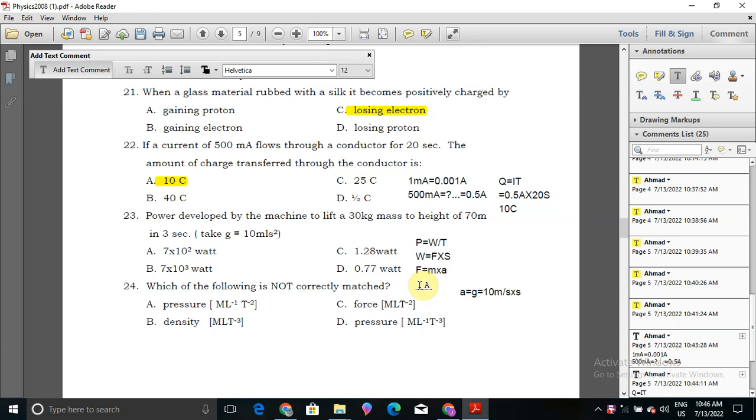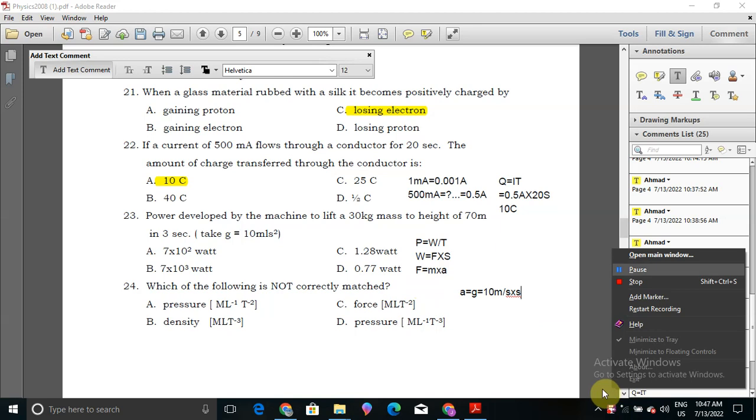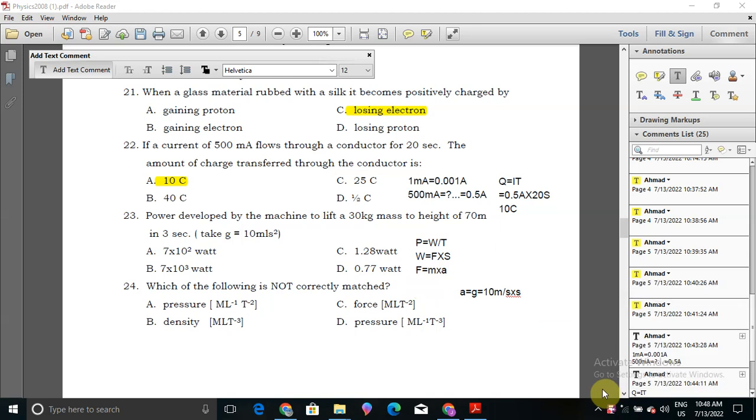Okay, now what we will do here, we will find force, that means 30 kilogram times what? So that means mass, which is 30 kilogram, times acceleration, which is 10 meter per second square, right?